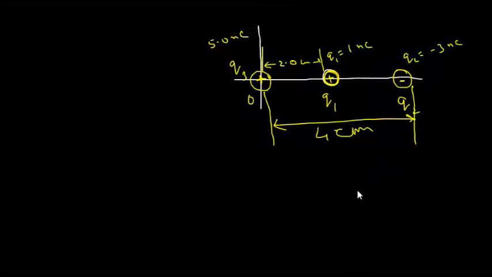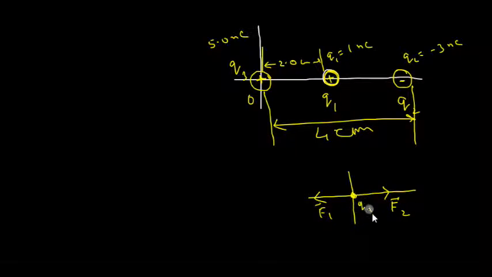So if we draw the free body diagram for the force, then we'll get F2 working this side, F1 working this side. Here it is Q3, and origin. Now let us solve the sum.